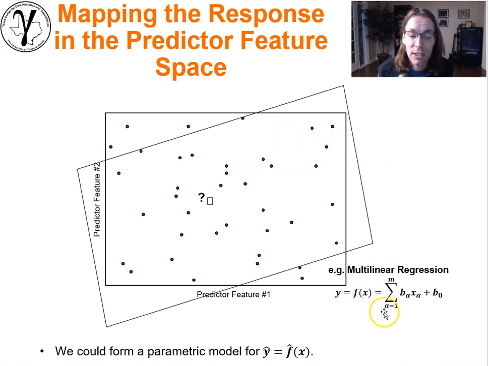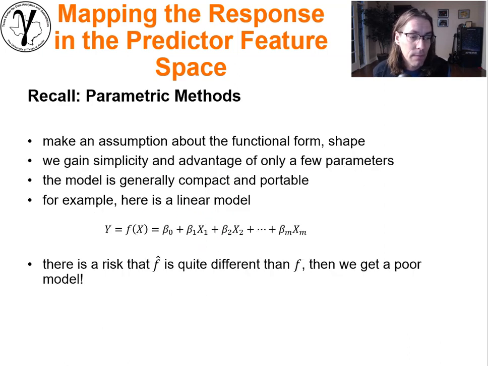And to be defined based on an equation like this, some type of sum of linear weights or slope components being applied to all of the predictor features and an intercept term. And we would get a parametric model that would allow us to make predictions. In fact, mapping between all of the training data and being able to make predictions.